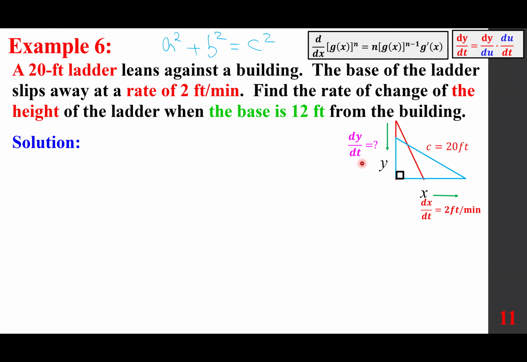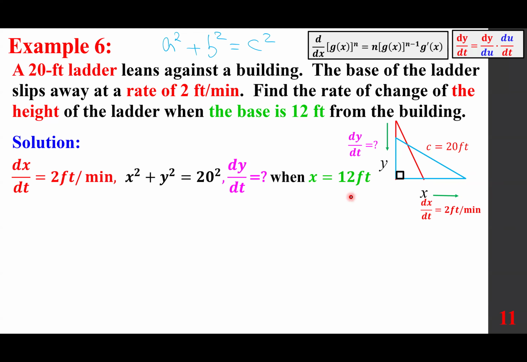We want dy/dt when the base x is 12 feet. This is writing the question symbolically. And this is relating the two quantities, x and y, to solve the problem. So x squared plus y squared equals 20 squared. Of course, 20 squared is 400.